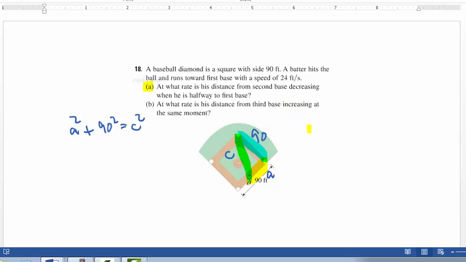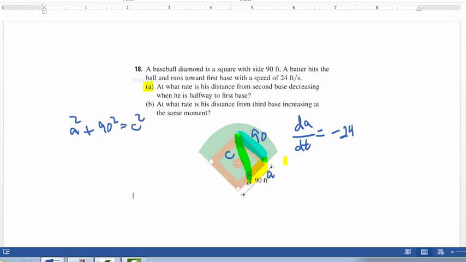So that's the only thing that's a little tricky here. Yes, he's running positive 24 feet per second, but we're looking at the distance from him to first base. So that distance is actually decreasing. So how fast is A changing? dA/dt is actually negative 24. So we know dA/dt is negative 24.